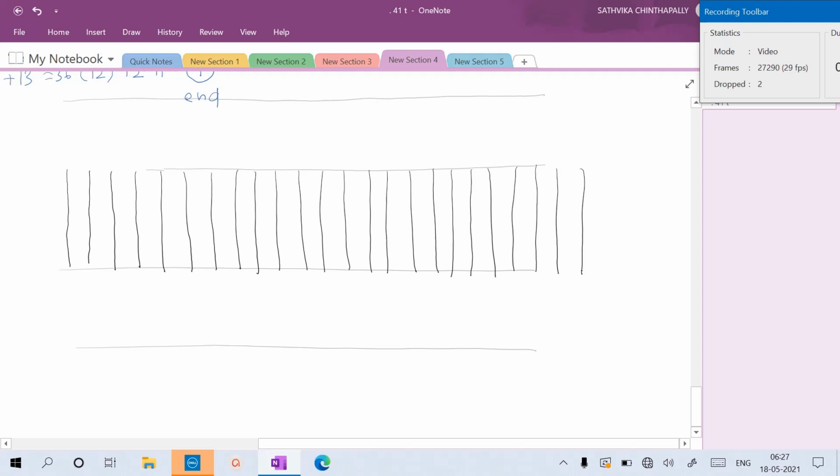So make these 24 conductors. Now this first stage, draw all the parallel lines. Now number these conductors.